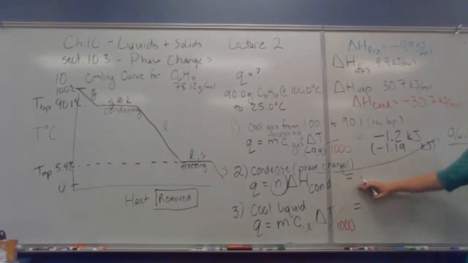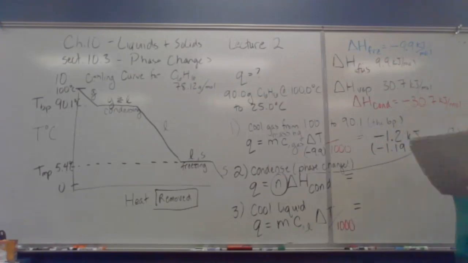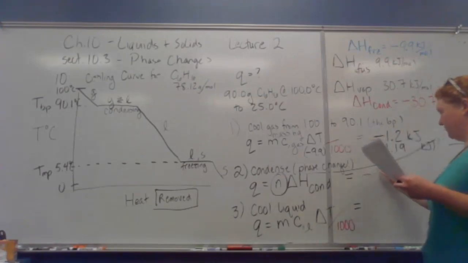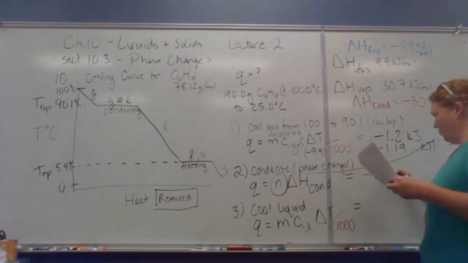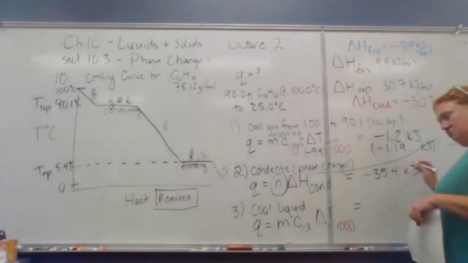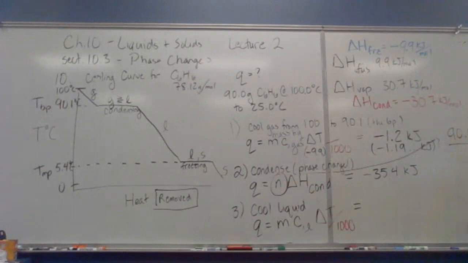Okay. Second one now. You're doing moles, 1.15 times negative 30.7, right? Negative 35.4 kilojoules, roundabouts.